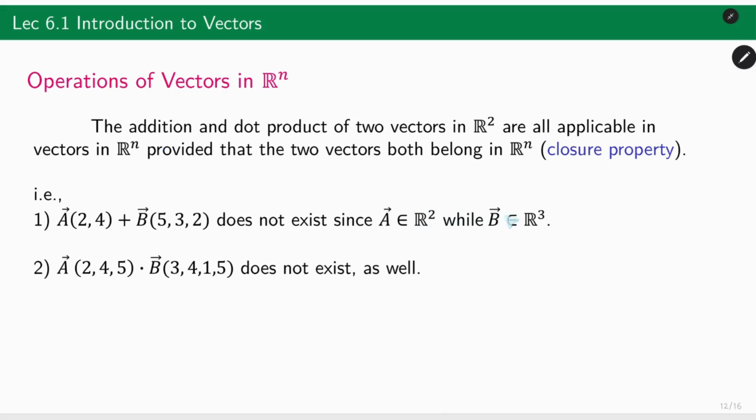A belongs to R2 while B belongs to R3. Next, the dot product of A and B here does not exist as well because A belongs to R3 while B belongs to R4. Make sure that the closure property is always observed.